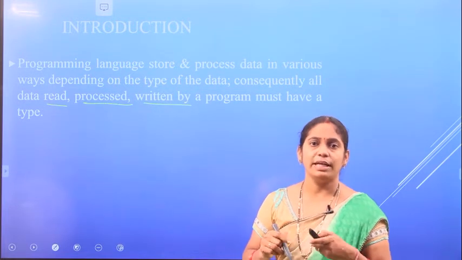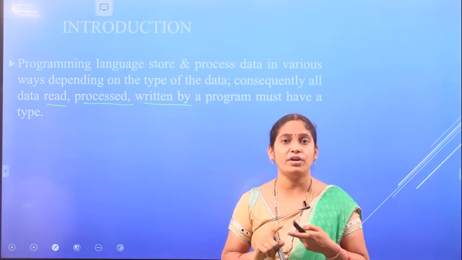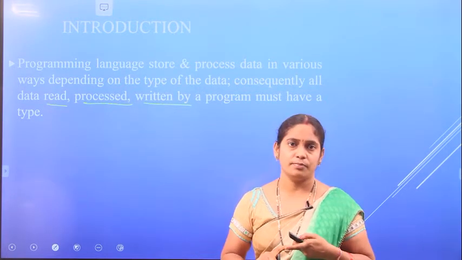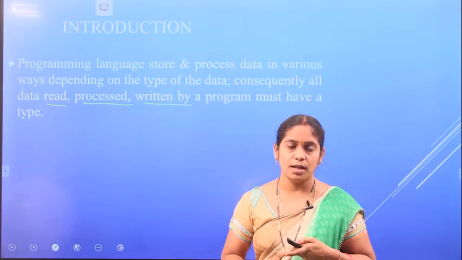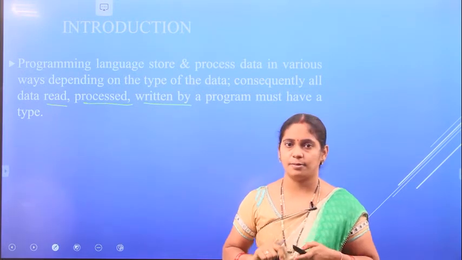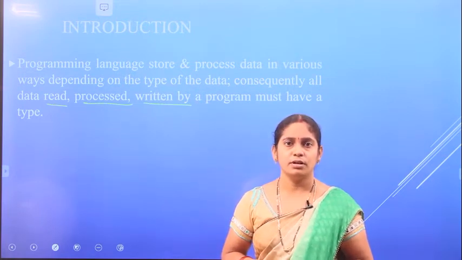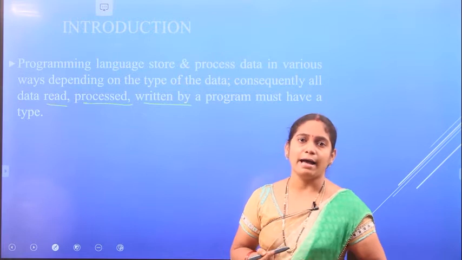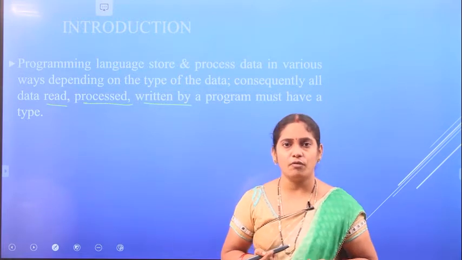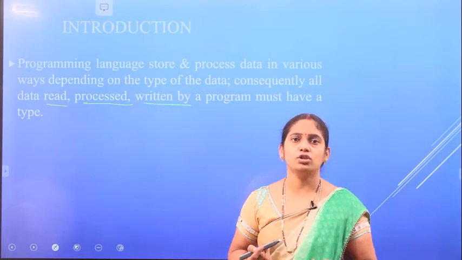So first we need to read the data, which means we need to identify which type of data we need. That should be identified first, and after identification we need to process it. What is the meaning of process? For example, suppose we need to perform the addition of two numbers.